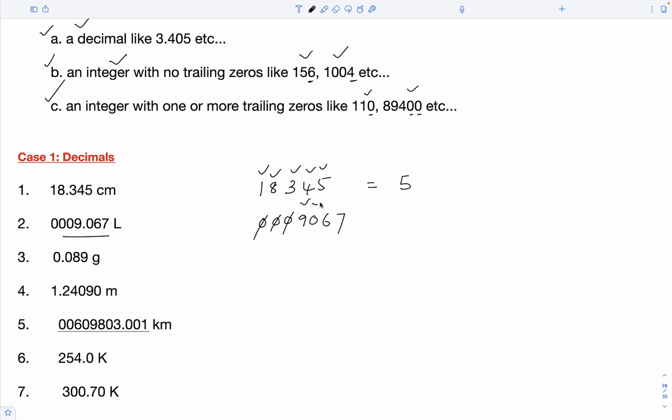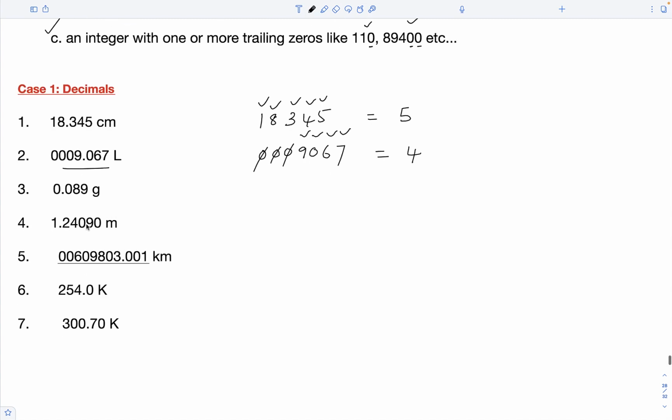So we have to count all these 4. So the number of significant figures here is 4. In this example, again, drop this decimal point and rewrite that number. It will be 0089. Again, these 2 leading zeros do not contribute to its magnitude, but these 2 contribute to its magnitude. So the number of significant figures here is 2.